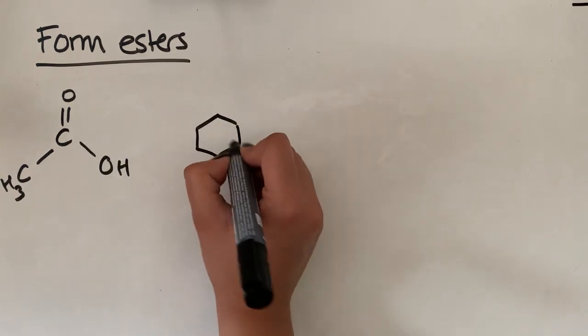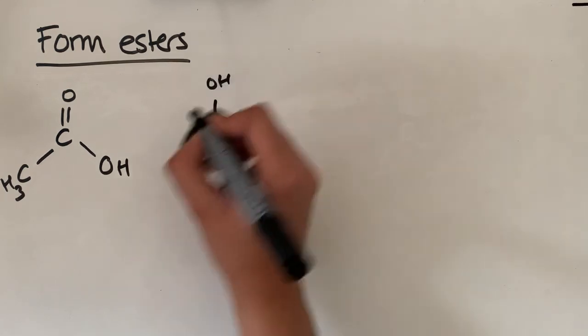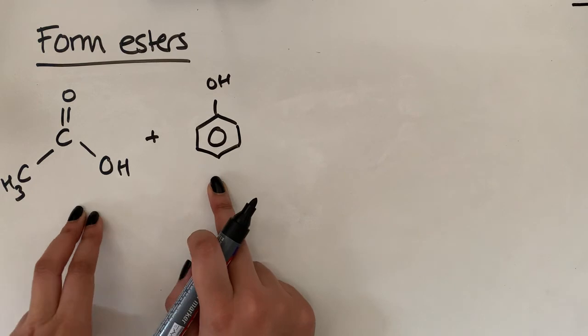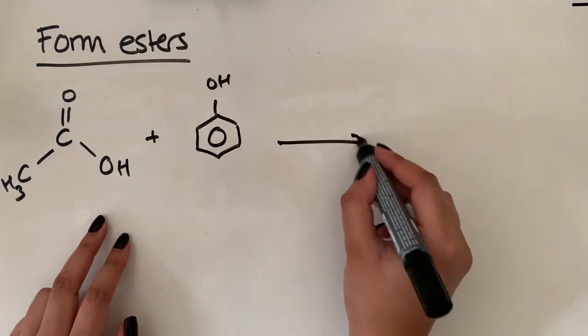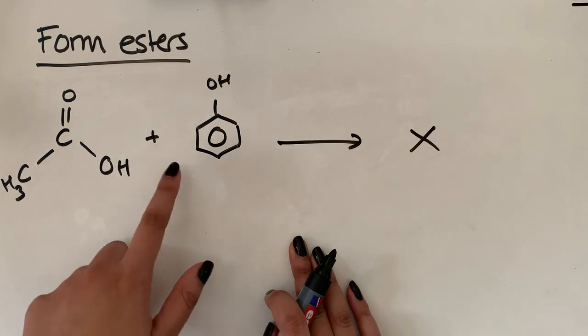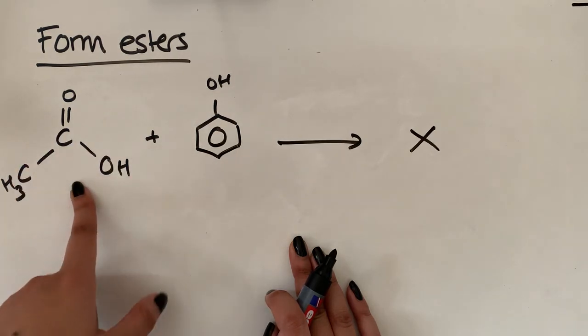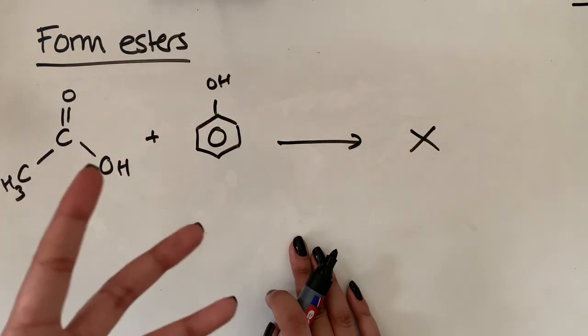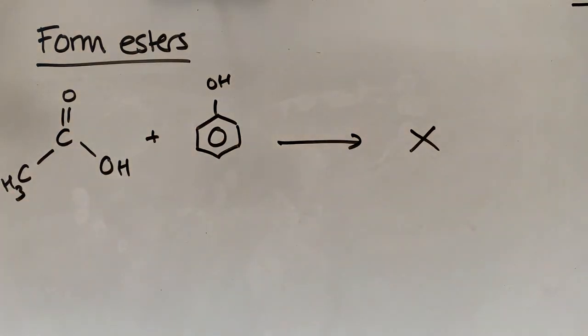Rather than an alcohol, I use a phenol. So I've got my carboxylic acid and a phenol rather than an alcohol. This reaction here would not happen. Carboxylic acids are not reactive enough to react with a phenol to form an ester. So that's why we use acyl chlorides.